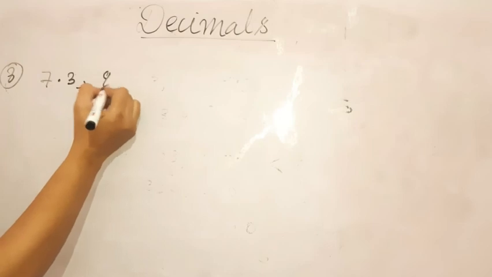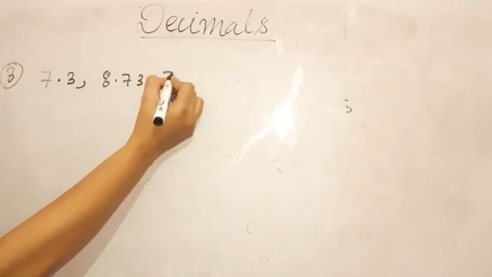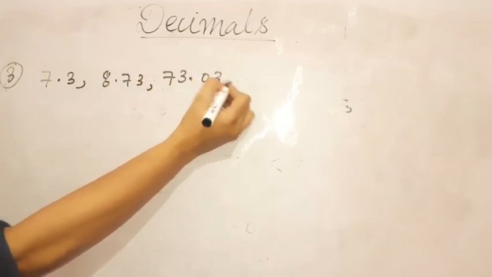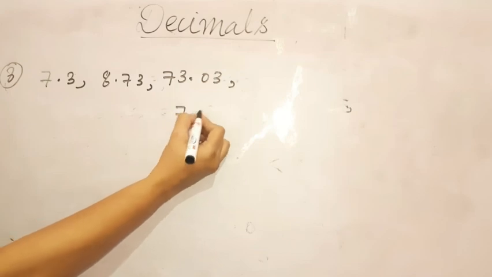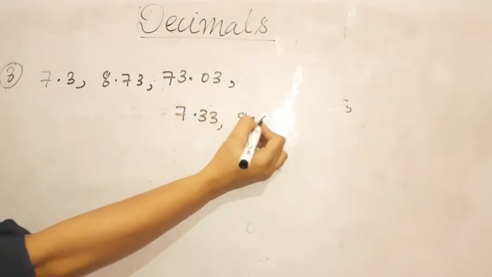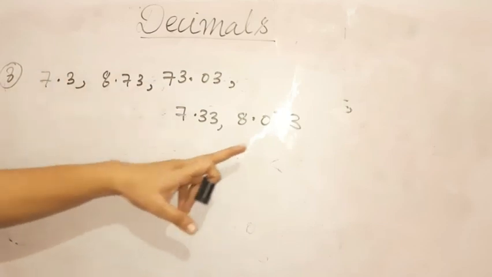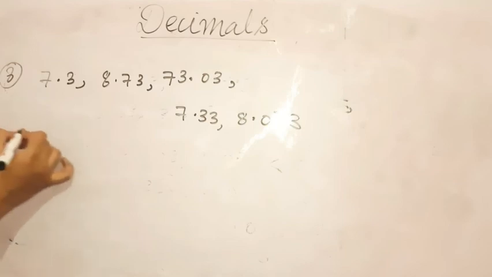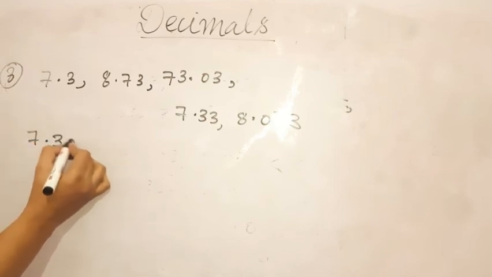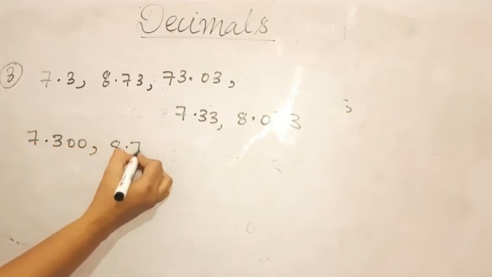7.3, 8.73, 73.03, 7.33, 8.073. Okay. The highest number of decimal places in all these numbers is 3 decimal places. So first of all, converting the unlike decimal numbers into like decimal numbers.